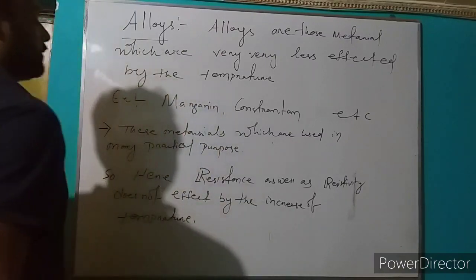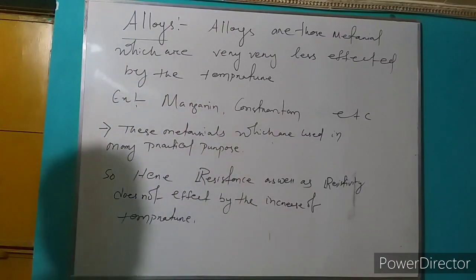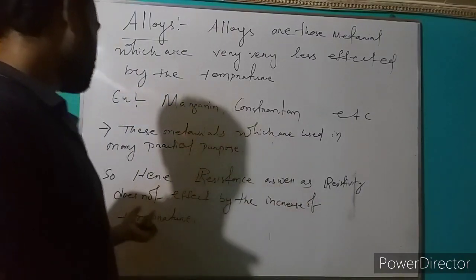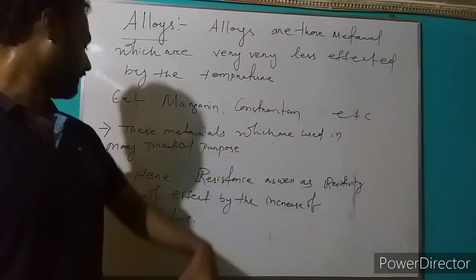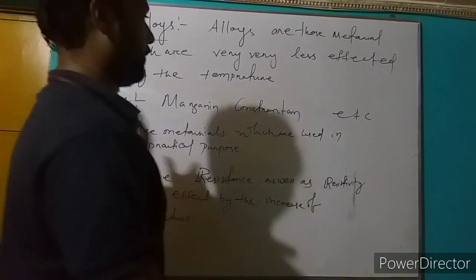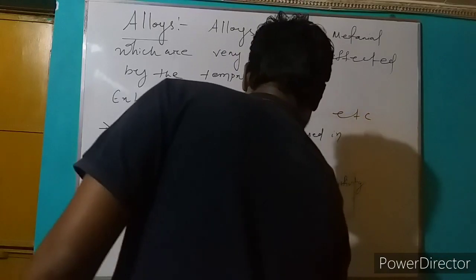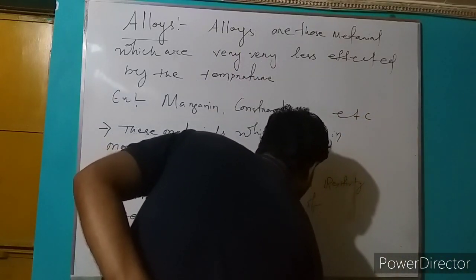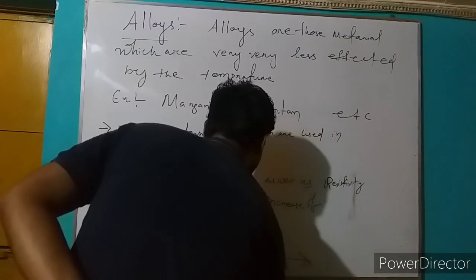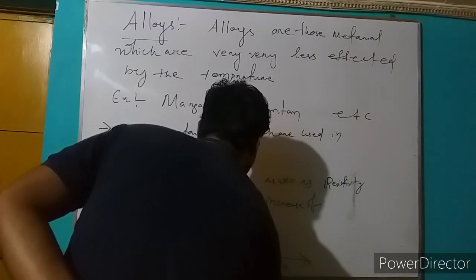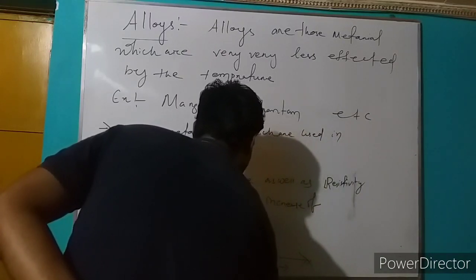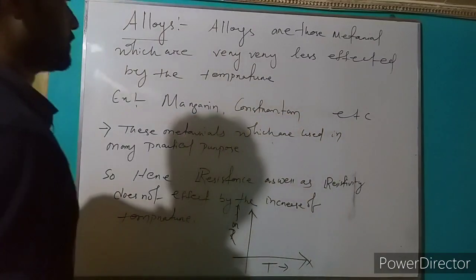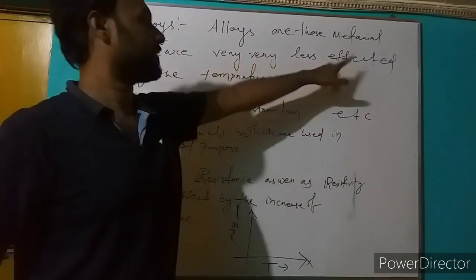Clear? Here resistance as well as resistivity is not affected by the increase of temperature in case of alloy. So if you plot a graph, temperature along the x-axis, resistance or resistivity along the y-axis, it is very less affected.